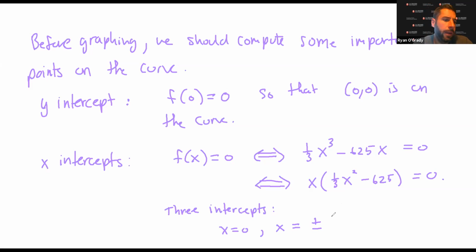Let's double check. Yeah, 1875. So this is plus or minus the square root of 1875, which, of course, you can approximate with a decimal to get an idea of where it's at. That's approximately 43.3. So it's plus or minus that.